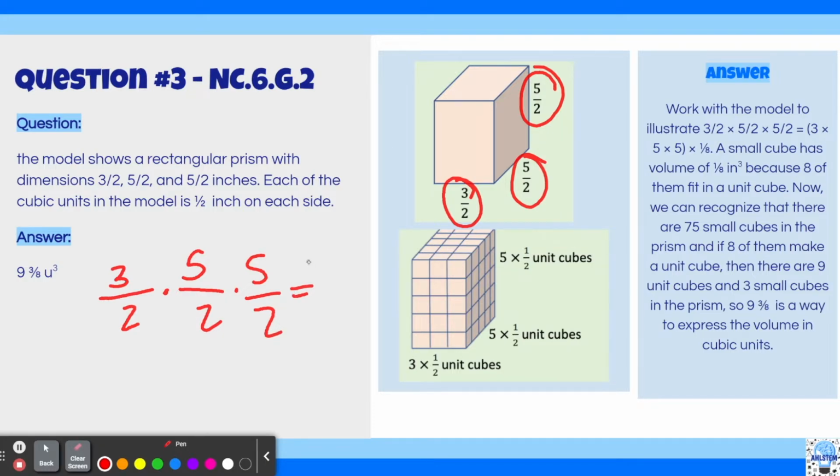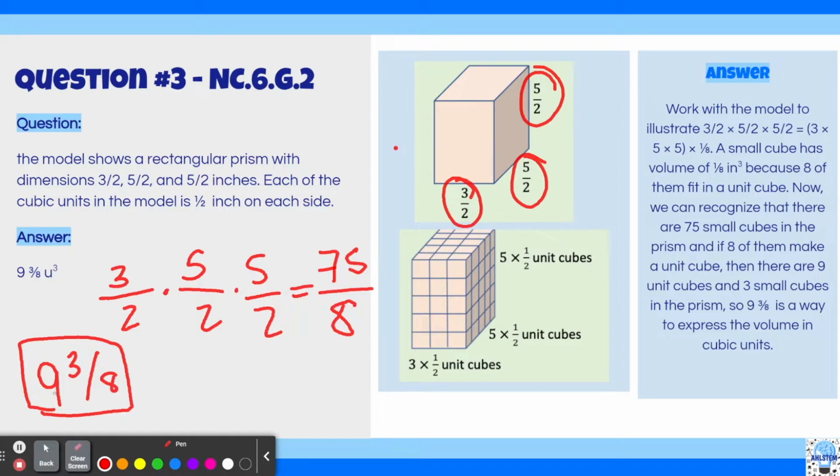So 3 times 5 is, let's do 5 times 5. 5 times 5 is 25, times 3 is 75 over 8. Now 8 goes into 75 9 times, since 8 times 9 is 72. And then we have 3 left over. So our answer is going to be 9 3/8.